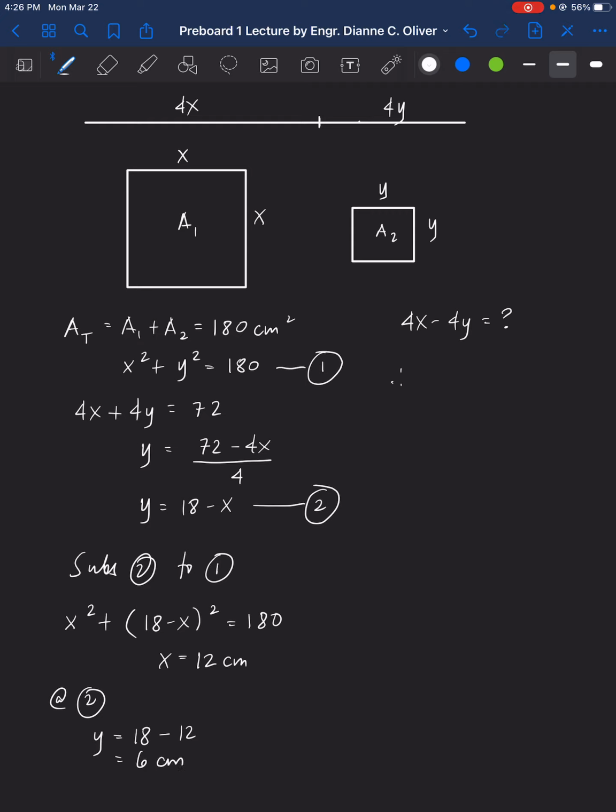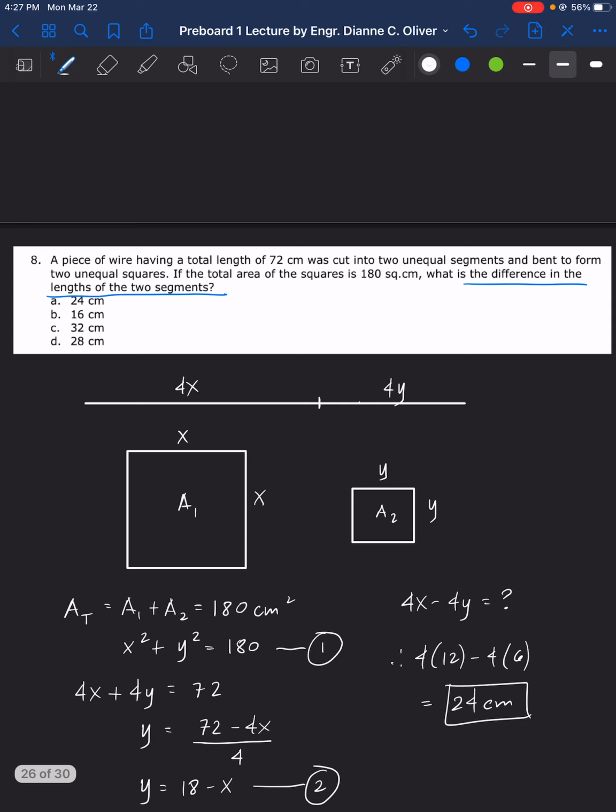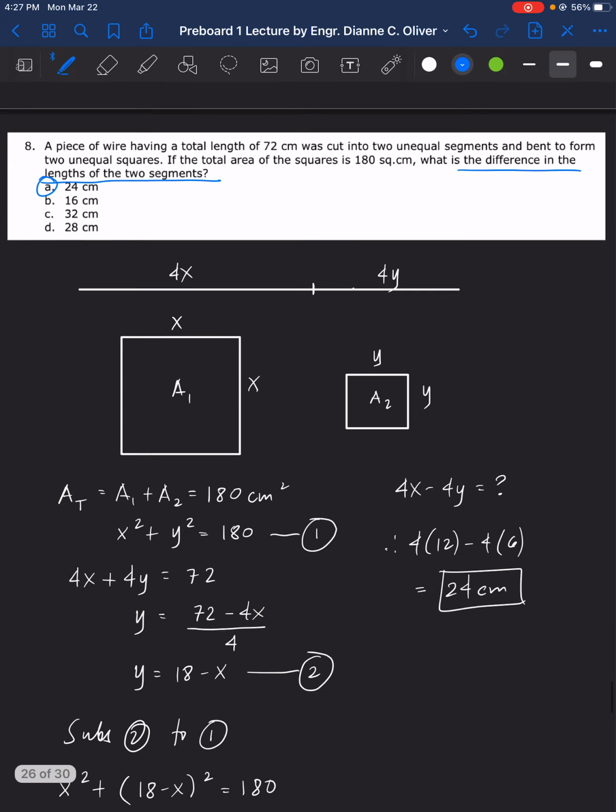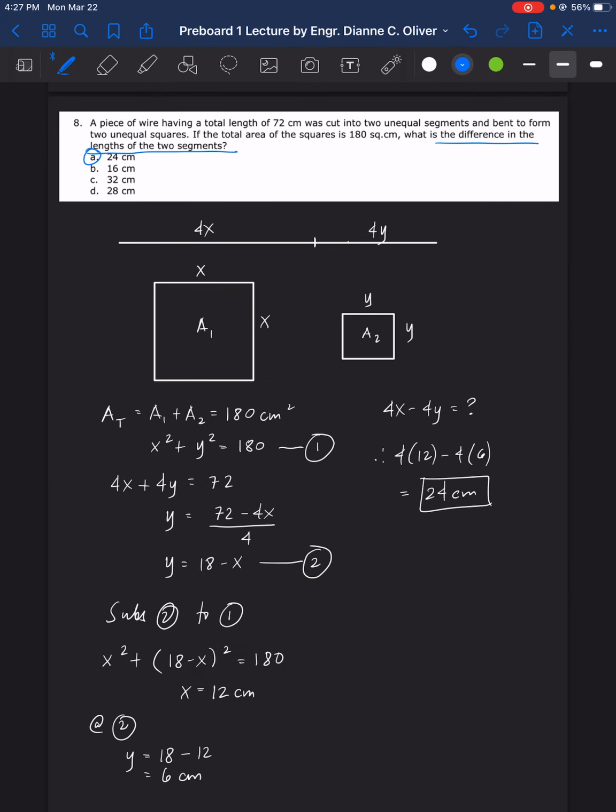Therefore, 4x, which is 4 times 12, minus 4y, which is 4 times 6, is equal to 24 centimeters. So the right answer here is letter A, 24 centimeters. That's for number 8.